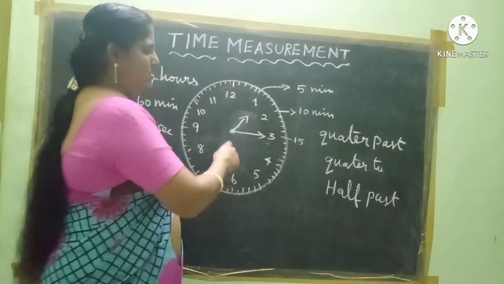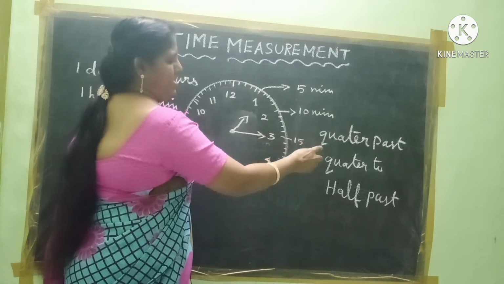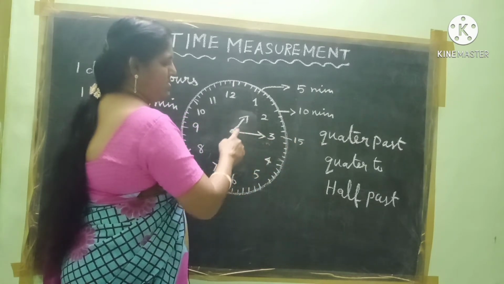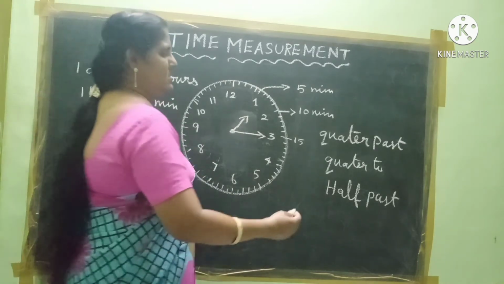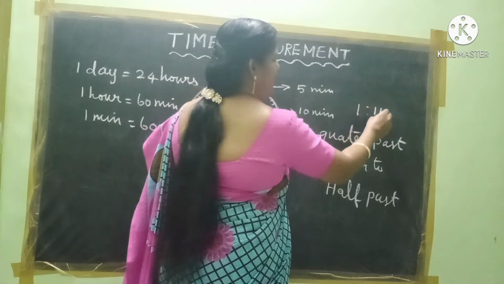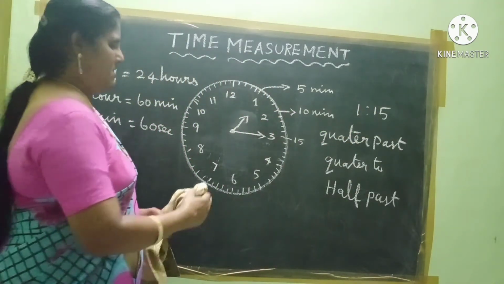That means how to read the time? That is quarter past 1. Quarter past 1. That means the time is 1:15. 1:15.